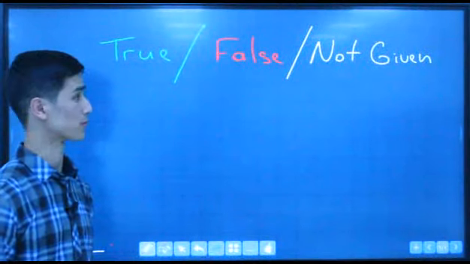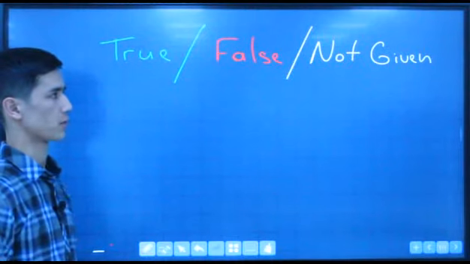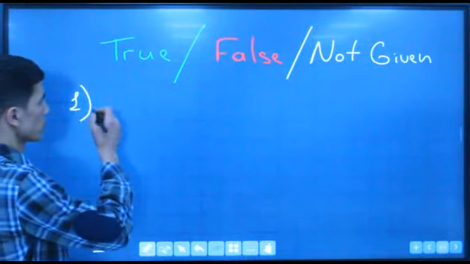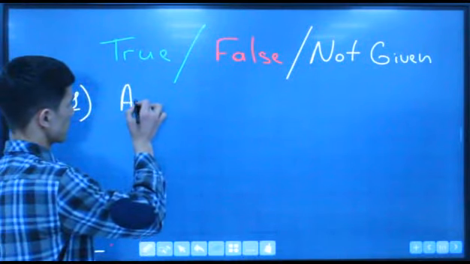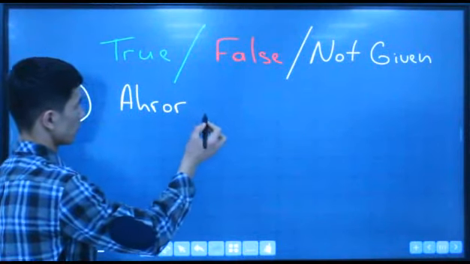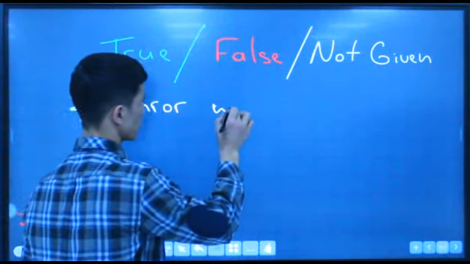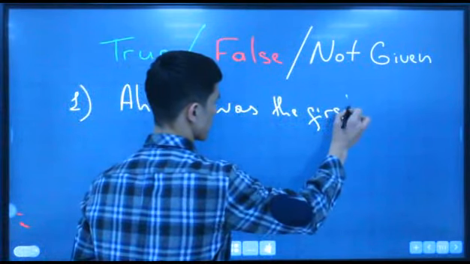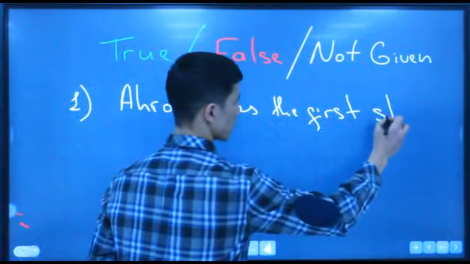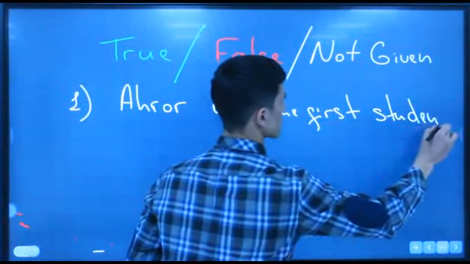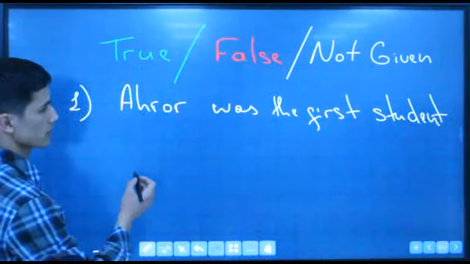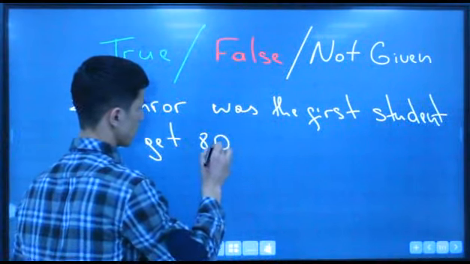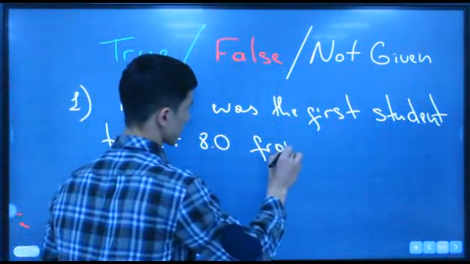So an example for not given. What kind of information can be found like not given? So you might be asking, let's say, Ahrar was the first student to get 8 from IELTS.